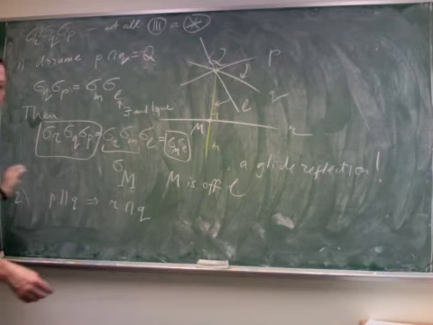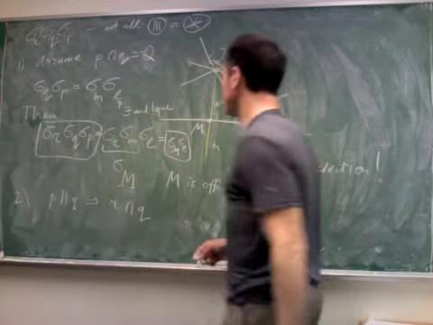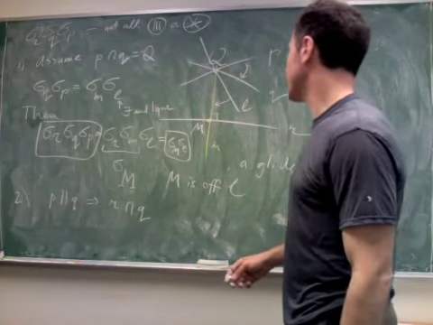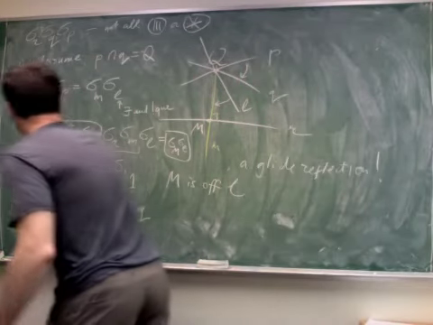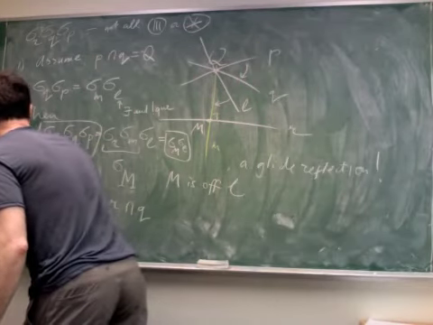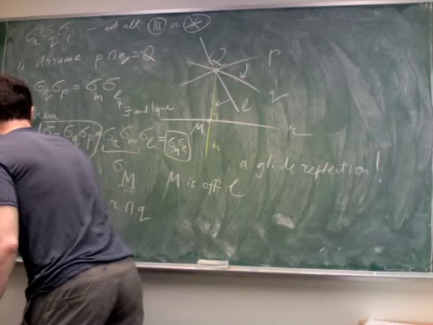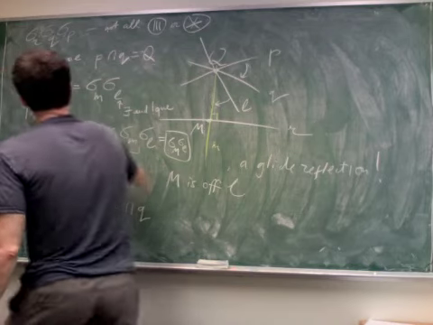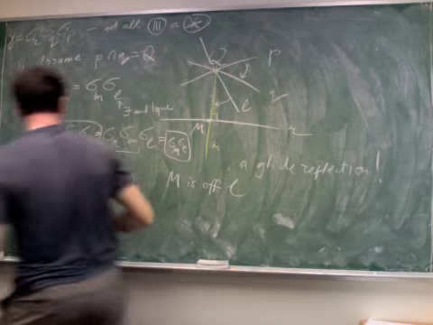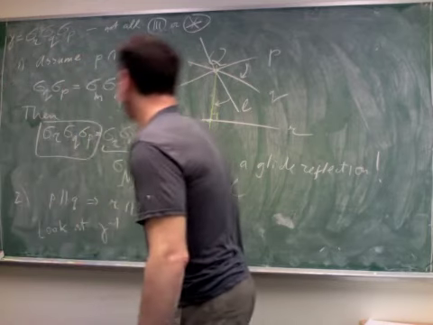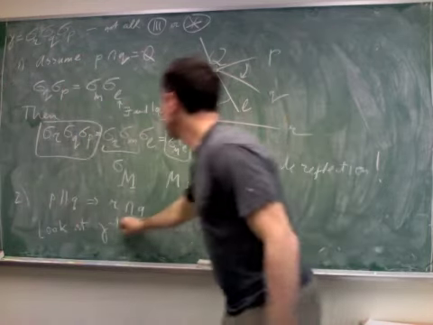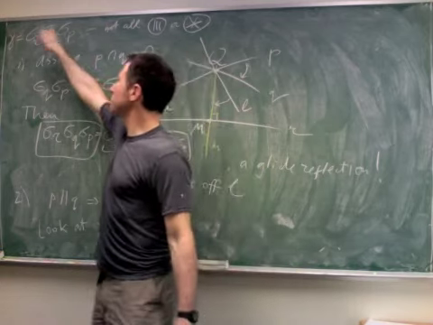So if we look at gamma inverse instead, gamma inverse will be, of course, the inverses in the opposite order.